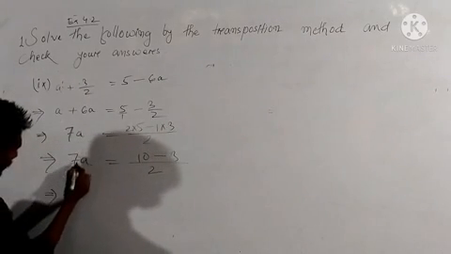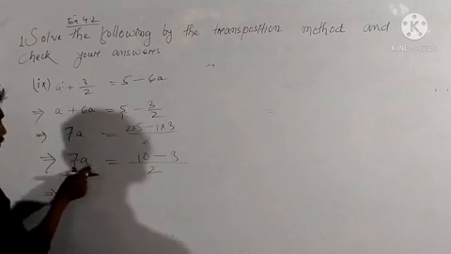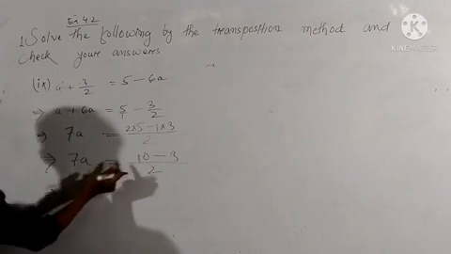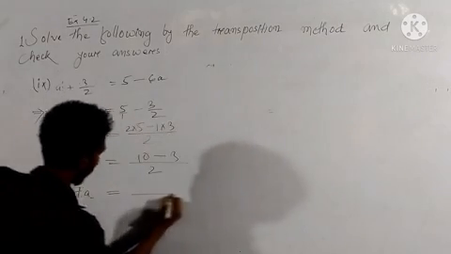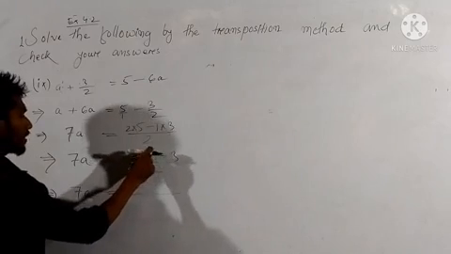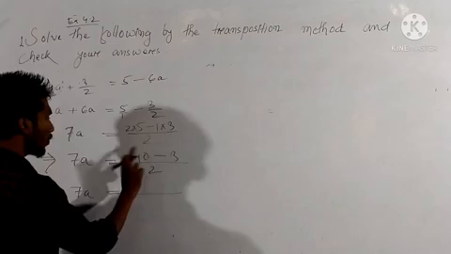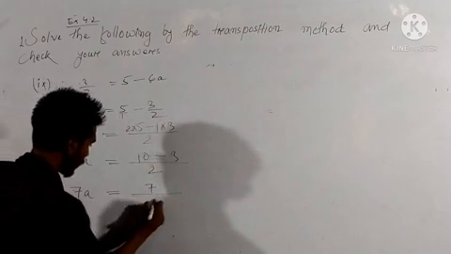Now 7a means 7 multiplied with a. We write the 7a the same. Now when we subtract 3 from 10, it will be 7 by 2.